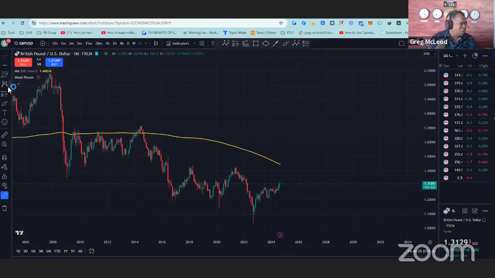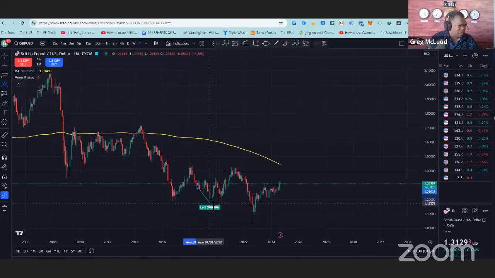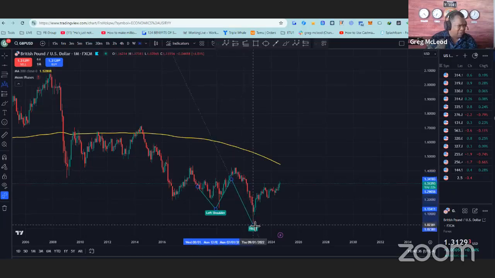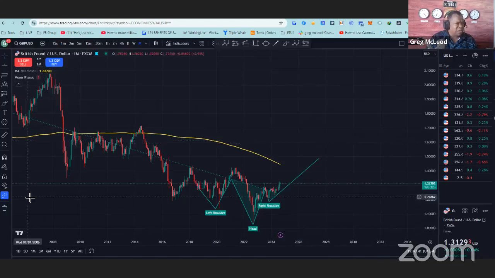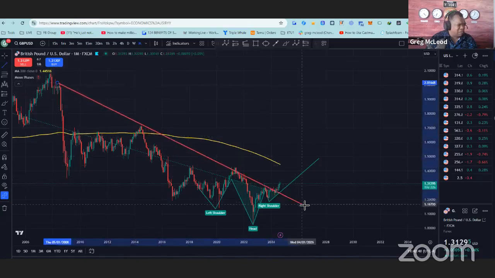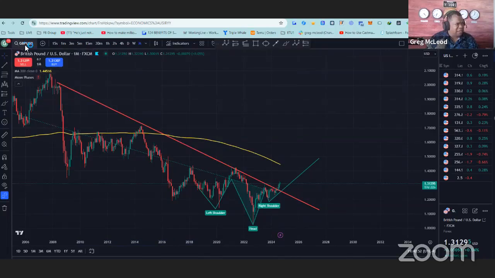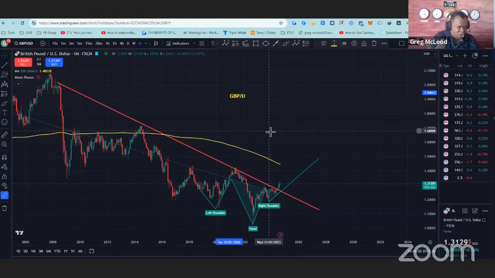Again, we have the formation of a possibly inverted head and shoulders, a very bullish pattern, right? So we could see a break of a downward trend line. So again, this is GBP versus USD, right? GBP/USD.